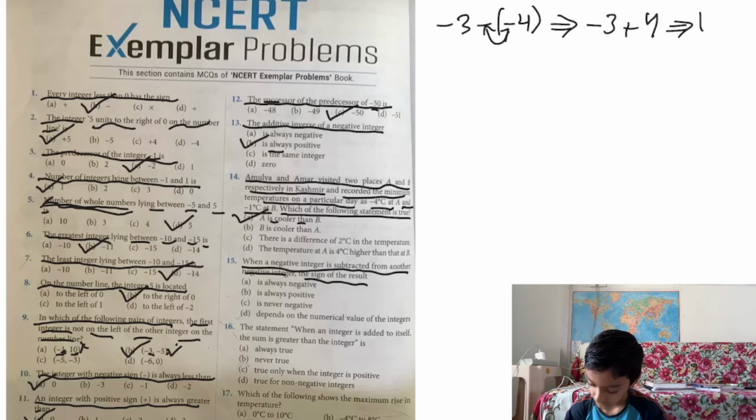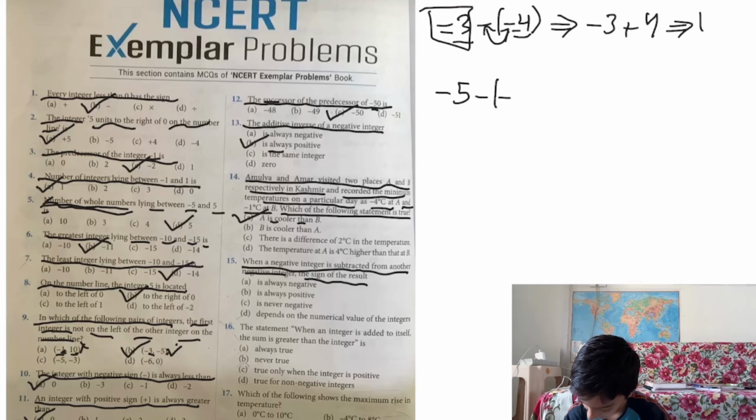Here the numerical value of this integer is 3, the outside integer, not the one inside the bracket. I'm not talking about this integer, I'm talking about this integer, -3. The numerical value is 3. Now I'll only change the value of this integer, not this one. I'll keep this the same and change it to -5. I'll keep the same minus.